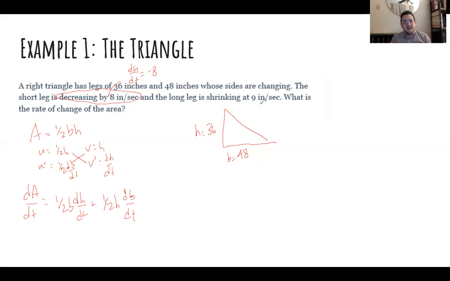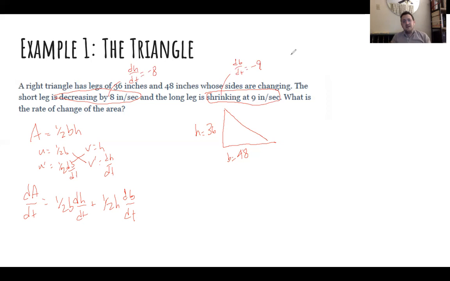And it says that the long leg is shrinking at 9 inches a second. And so what we would have here is dB/dt equals -9.